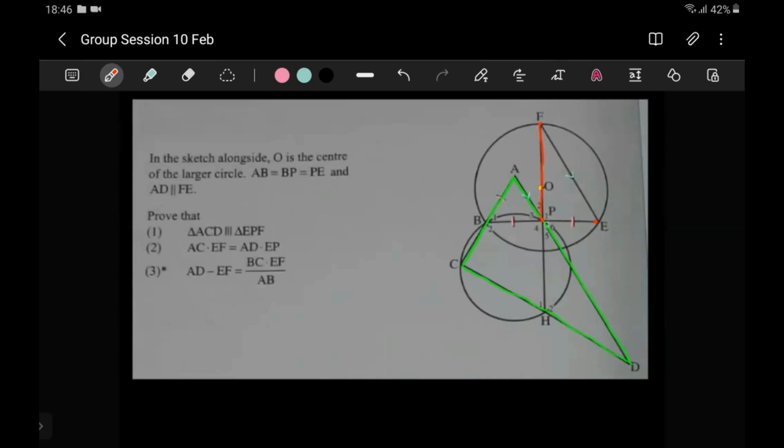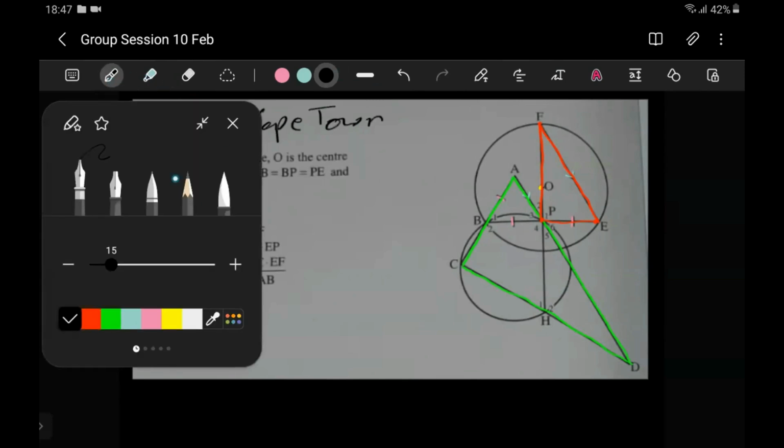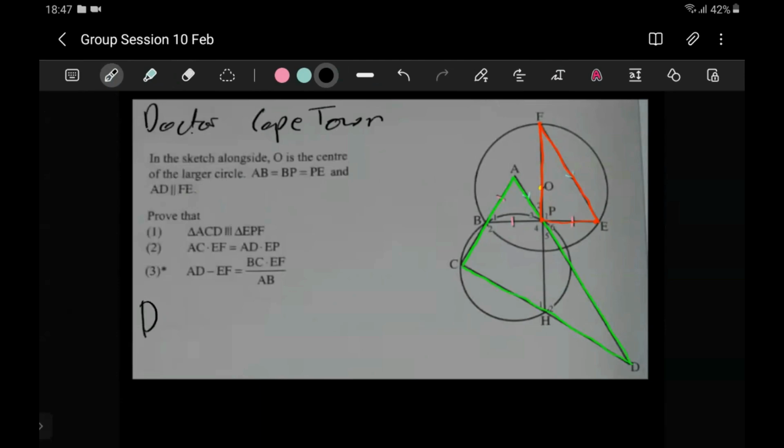Before I carry on, the one thing I want to re-emphasize with Euclidean geometry, which I don't think I have emphasized well enough, is this acronym, Dr. Cape Town. The acronym you can always remember is DRCPT.